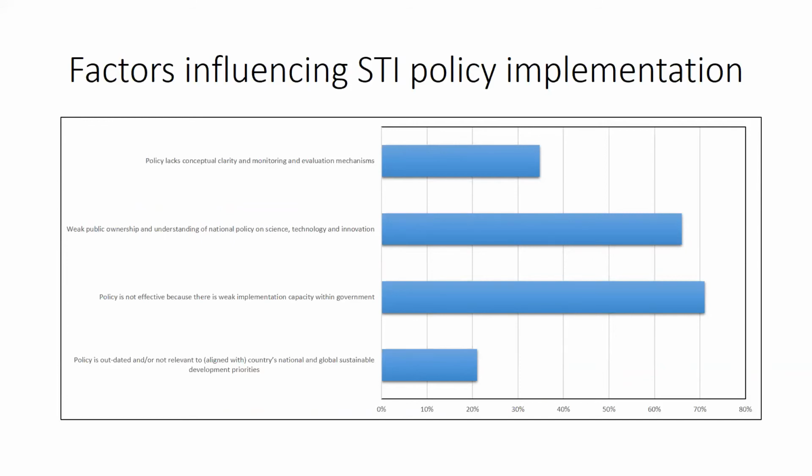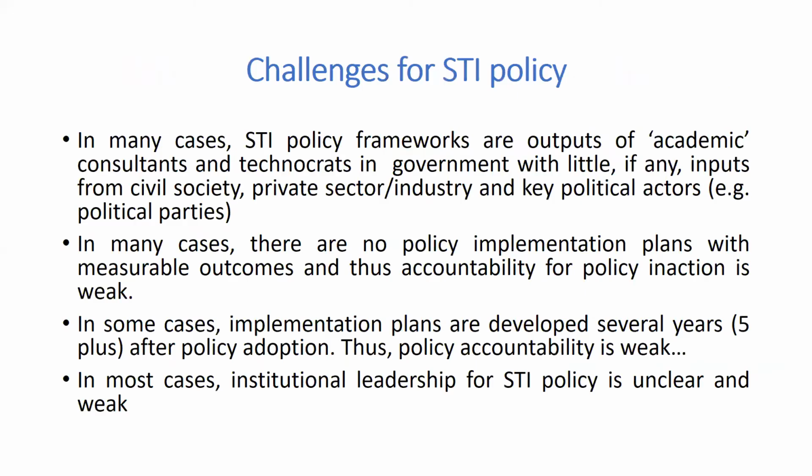In this slide, which I've taken from a report we did for the African Academy of Sciences, we look at factors that influence policy implementation, and I refer to some of those. Just lack of conceptual clarity, weak public ownership of the policy process and the policy. So the challenges, again, I've referred to those.